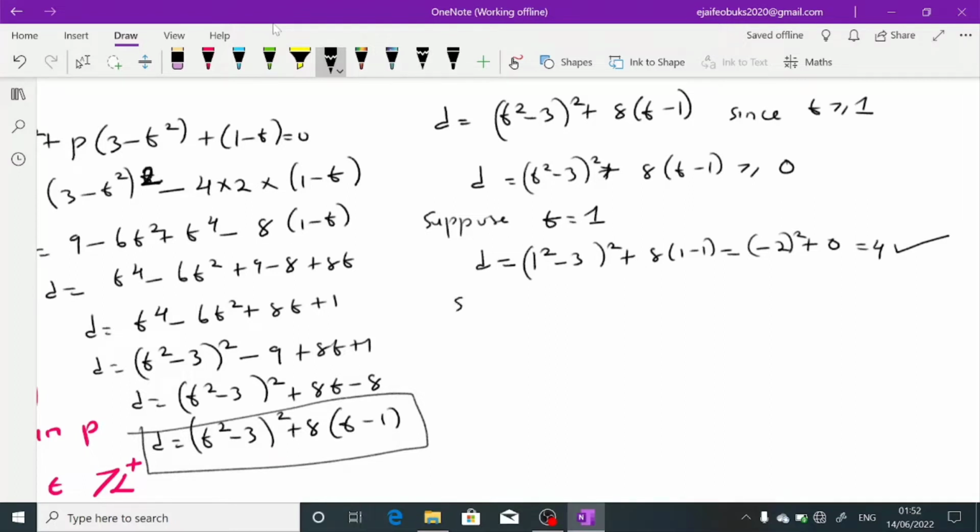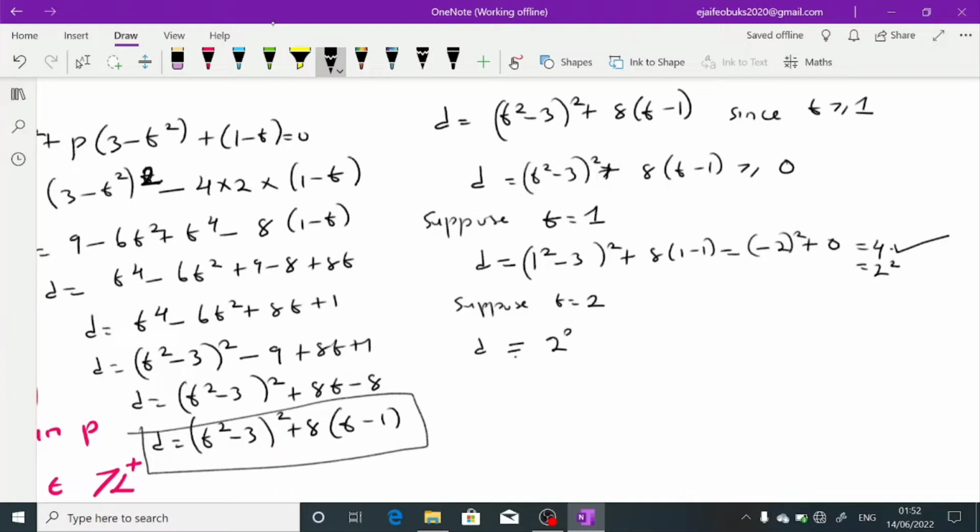Okay, suppose t is 2. 4 is equal to 2 squared, in case you can see why. So this is a perfect square. Suppose t is 2.